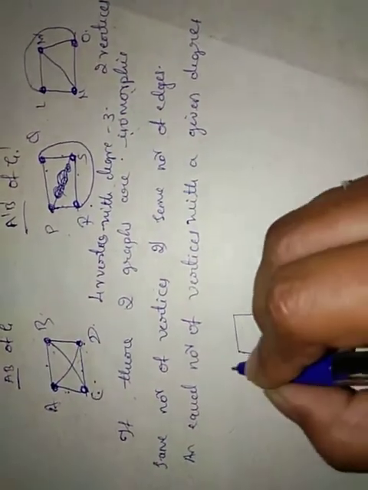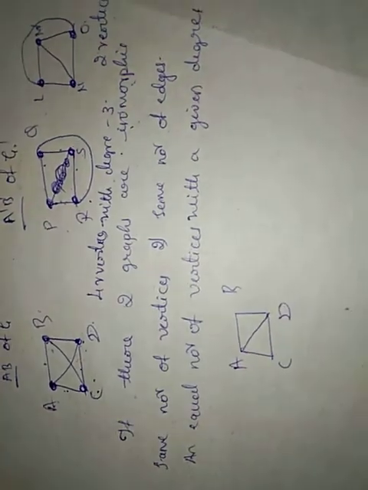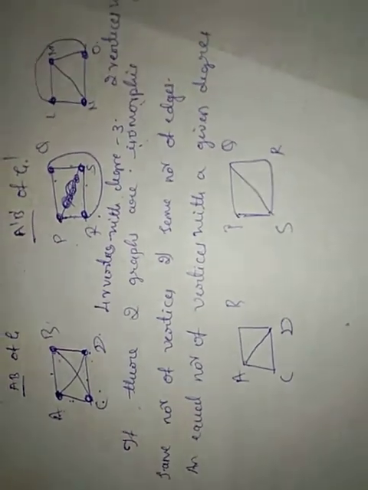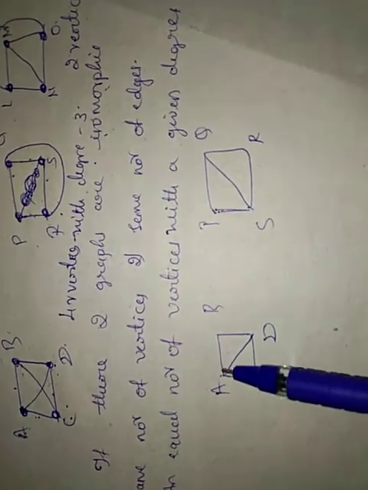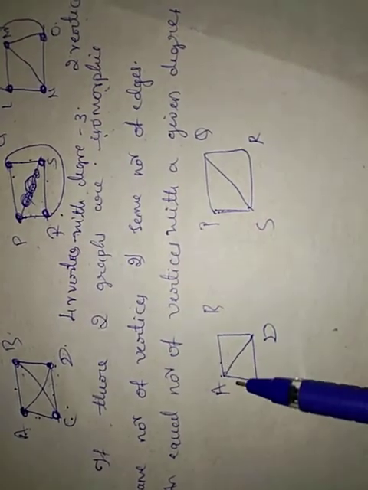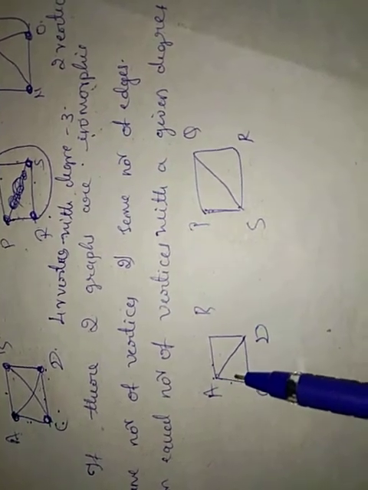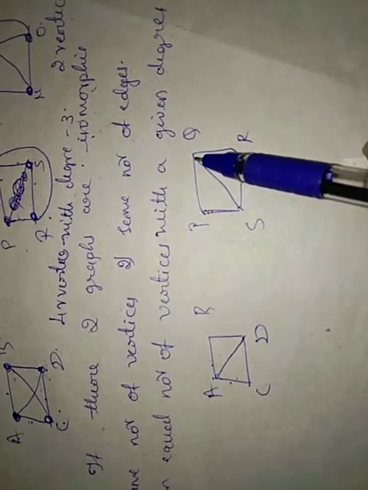means, suppose there is a graph A, B, C, D and consider P, Q, R, S. We cannot equate A to P here because A has a degree 3. But here Q has a degree 3. Clear?